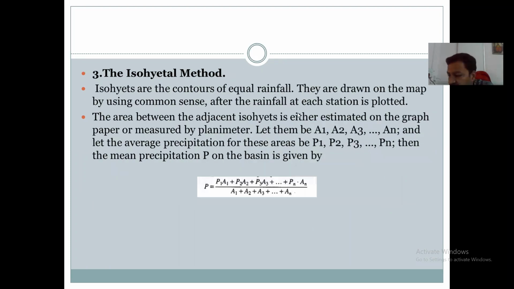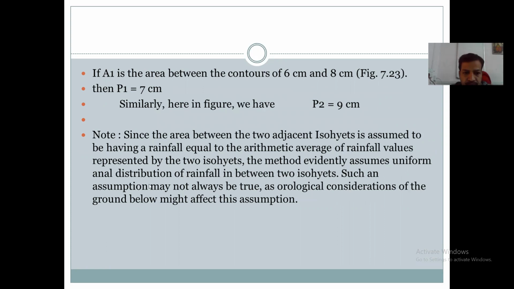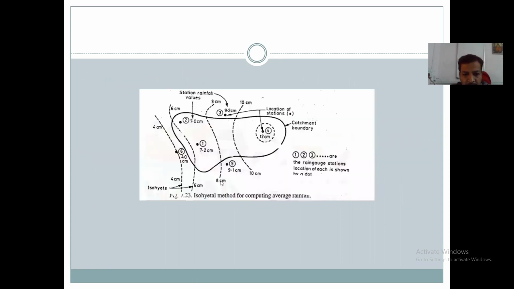Then the third method is the isohyetal method. This is a diagram of the isohyetal method.